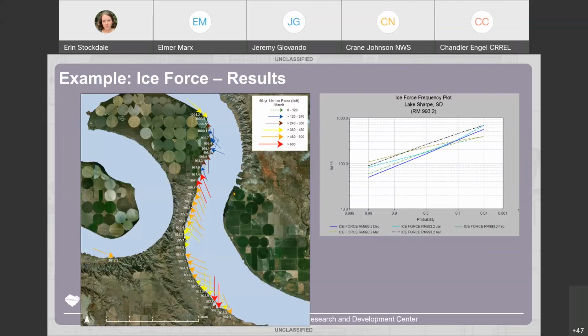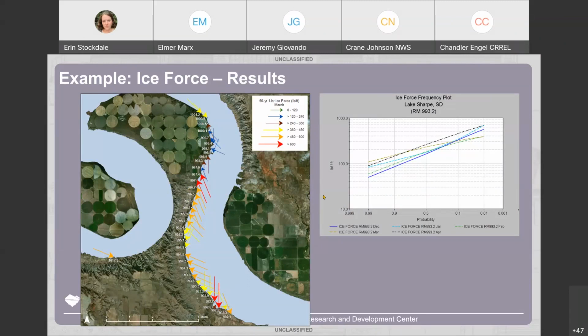In this case, we looked at both the shear stress of the water flow as well as the wind fetch. In this case, the fetch actually was a significant force. And so by looking at the force analysis, we were able to relate to Omaha District, hey, there are certain areas where you may want to target your riprap placement, whereas in some places it may not be as critical.